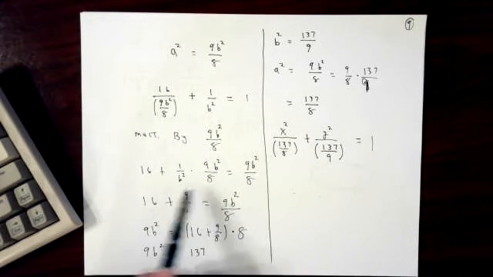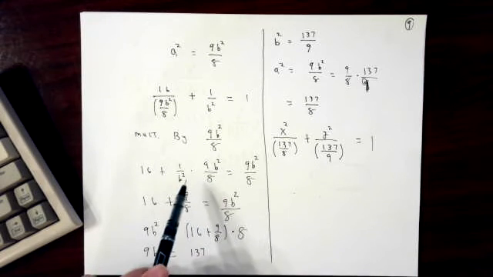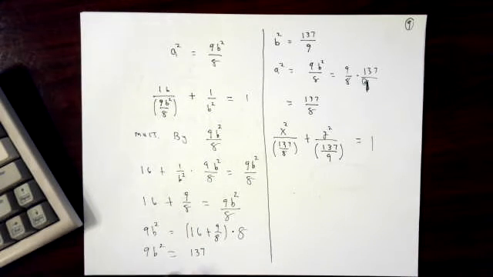A miracle happens. The b squareds cancel out in this piece. Over on the other side, I have a b squared multiplied by 9 and divided by 8. I could deal with it as is, or I could clear the fractions again. Multiply both sides by 8, and it turns out that 9b squared has to be 137.